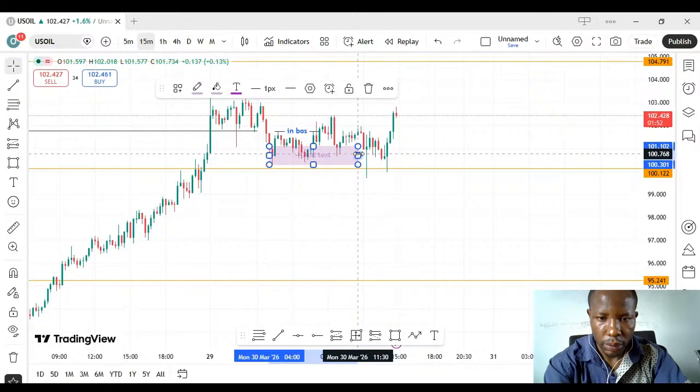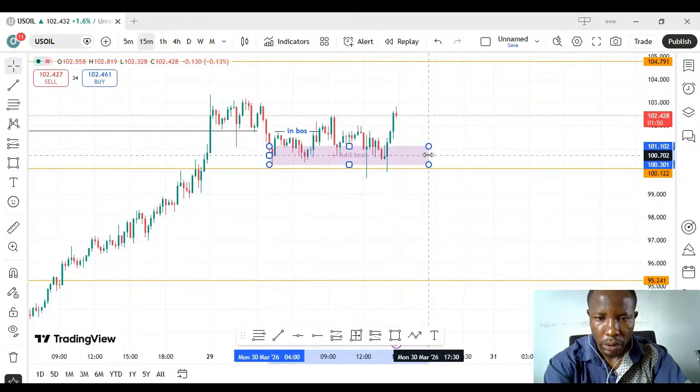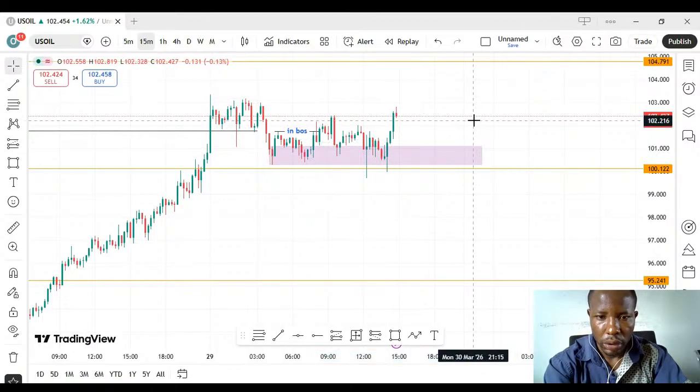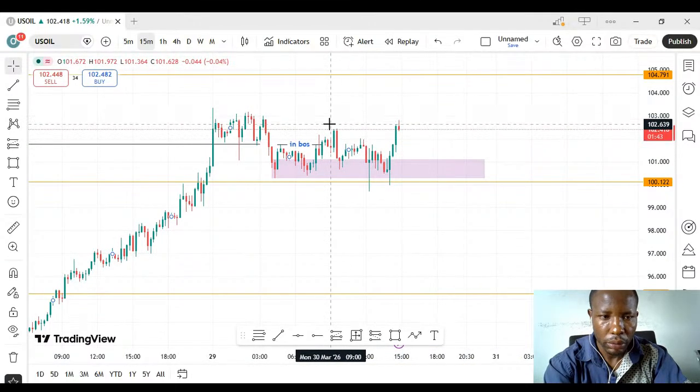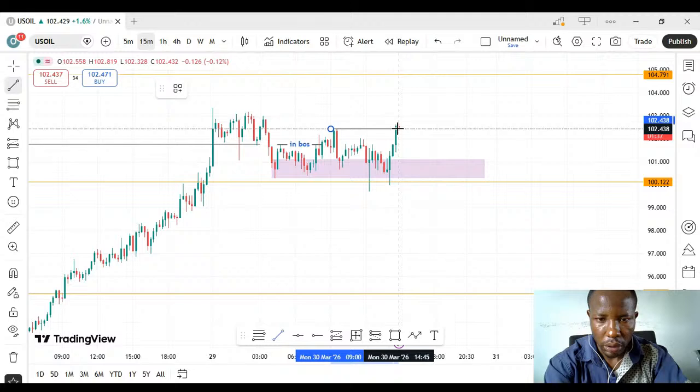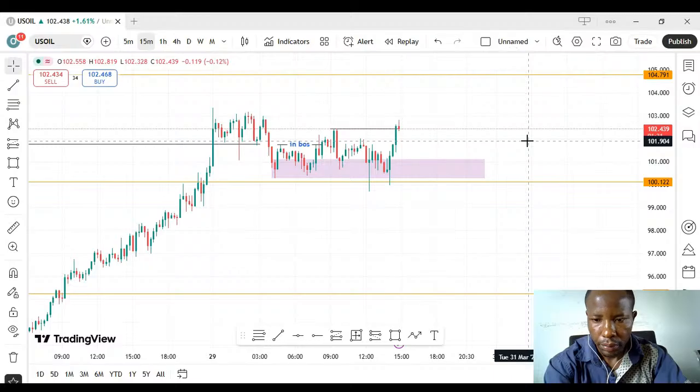So after this pushback and sweep of liquidity, is there any other break of structure? Has this one been taken out? Is this a break of structure? Let's see. This one is not a clear break of structure to me.